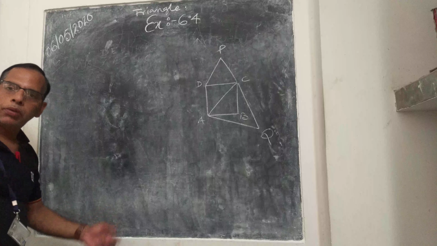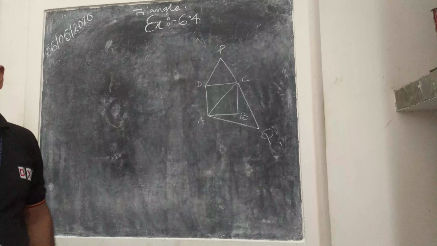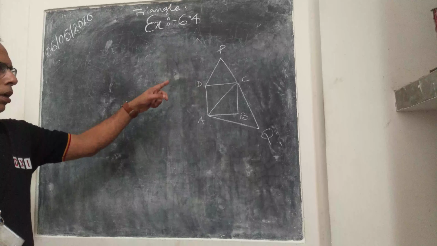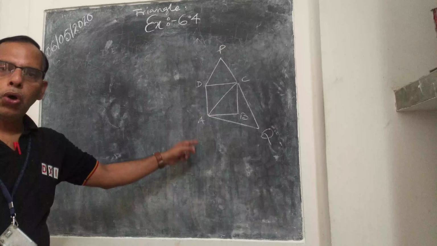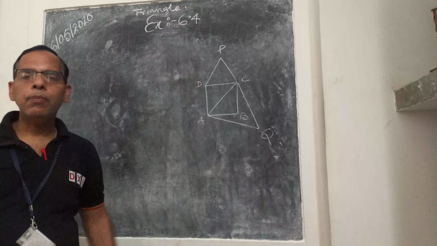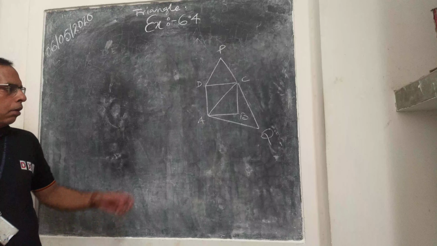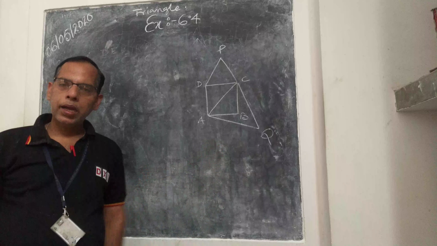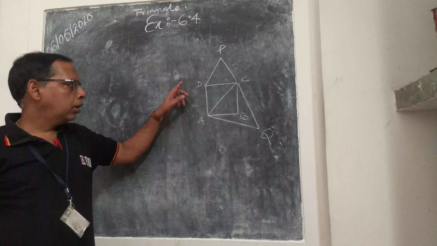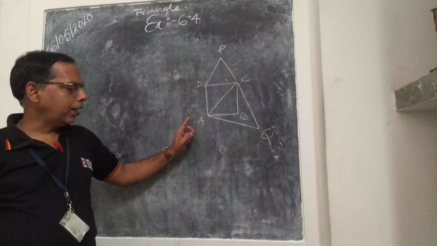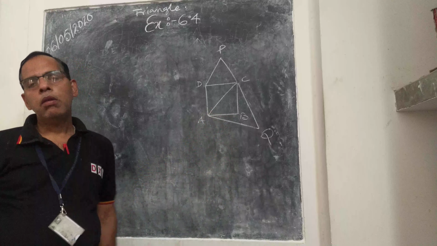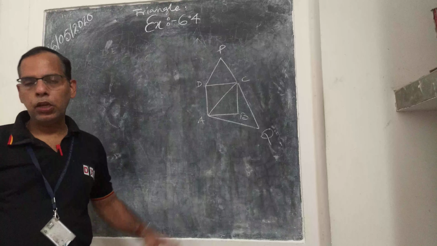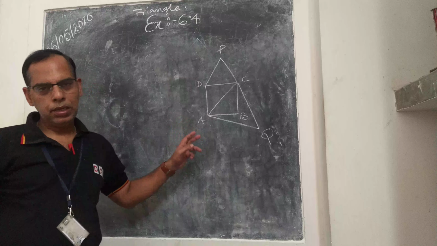Okay, so first of all, let ABCD be a square, and AQC and DCP are two equilateral triangles drawn on AC and CD respectively. Once again, let ABCD be a square. AC is a diagonal. Now, triangle DCP and triangle AQC are equilateral triangles drawn on CD and AC respectively.